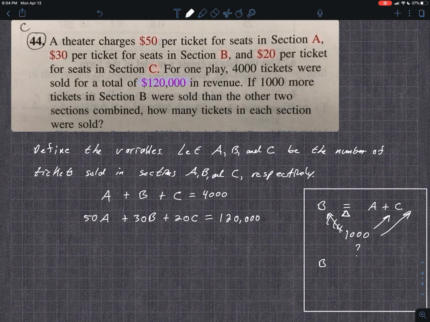So to balance the equation, 1,000 has to be on the right-hand side. So B is equal to A plus C plus 1,000. So that's your third equation. So that's your system that you want to solve.